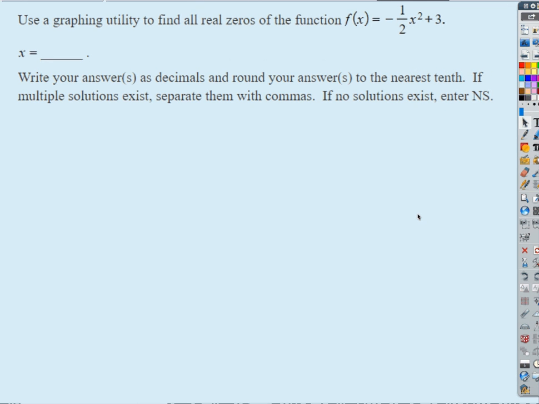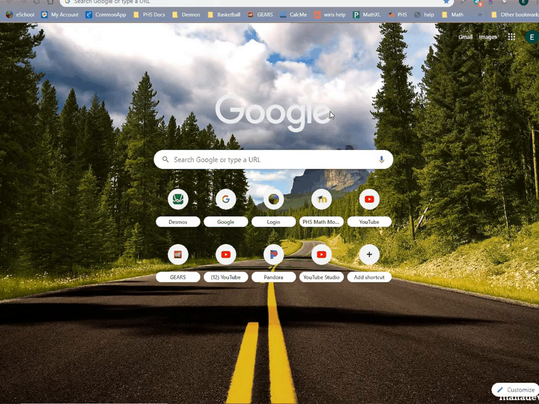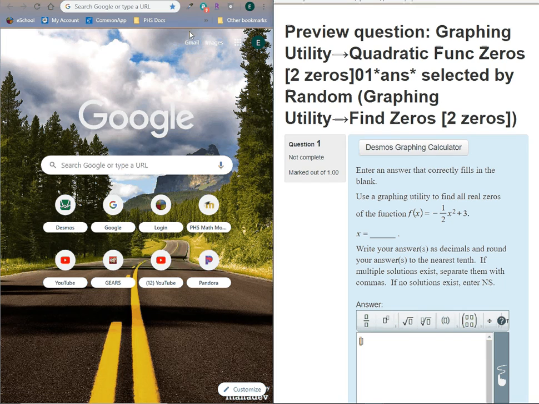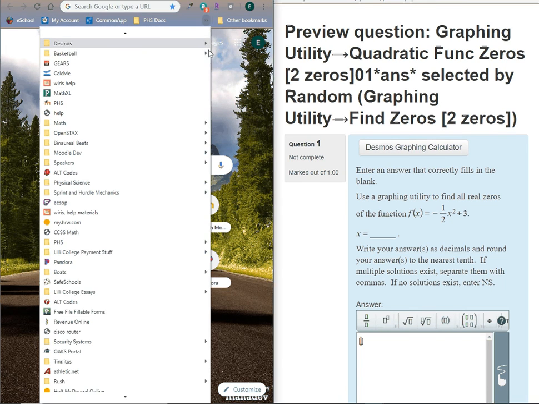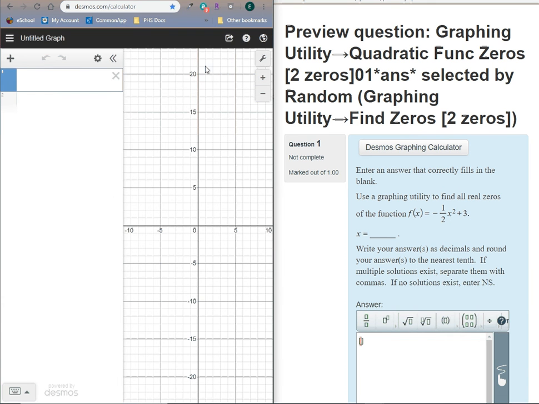Okay, so how are we going to do that using technology? Graphing calculator, or even better, Desmos. This is only, we're going to spend like a minute on it, showing you how to do it with a graphing calculator, and then the rest of the time it's all about solving it algebraically.